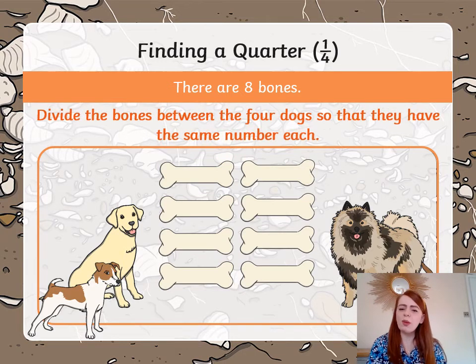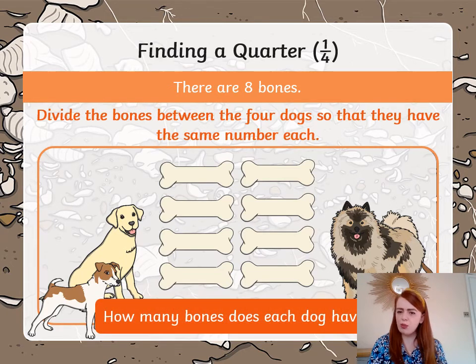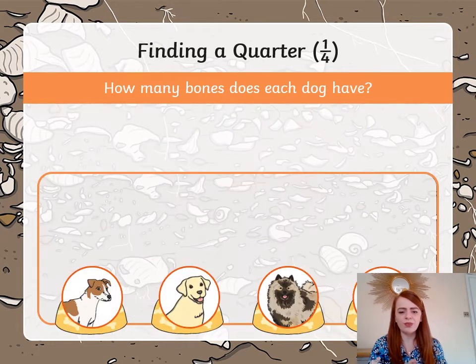So the word problem is asking us to divide the bones between the 4 dogs so they each have the same number each. And you can see that word divide is there. Okay, so we're thinking, well, we need to divide in this word problem, and there is the number 4. Okay, so we're dividing 8 by 4. How many bones will each dog have?